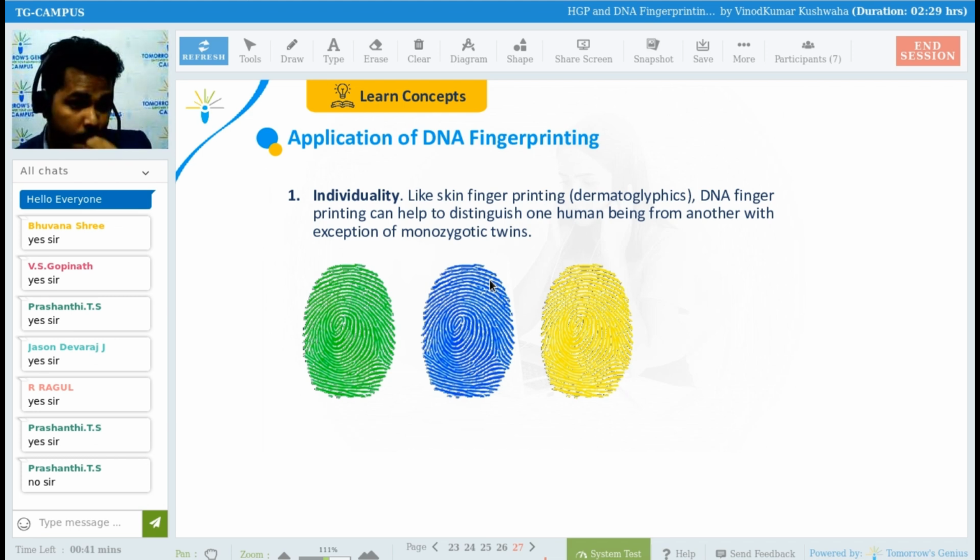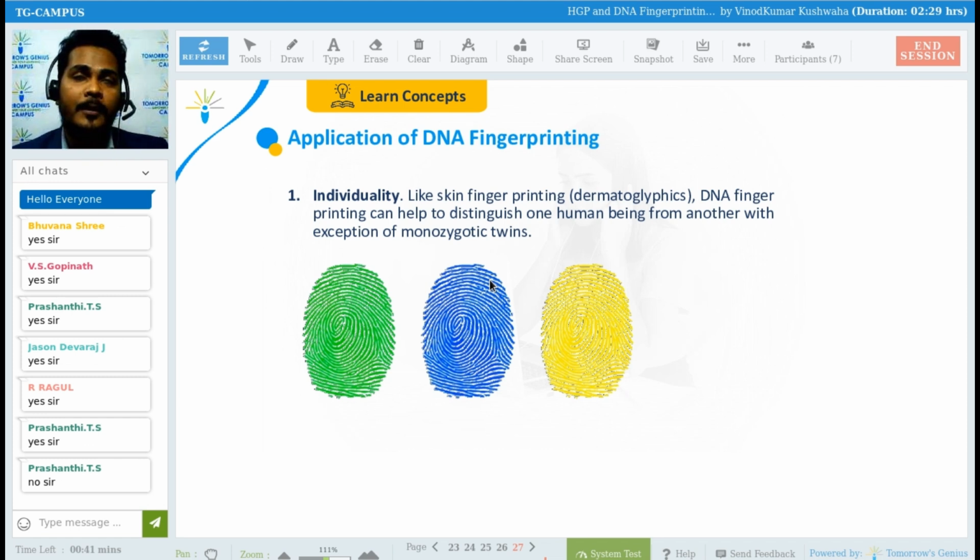Like, suppose in ancient times, farmers were basically illiterate. So they generally sold their property by using a thumb impression. Like, they have to sign, but instead of a signature, they generally use a thumb impression, right?